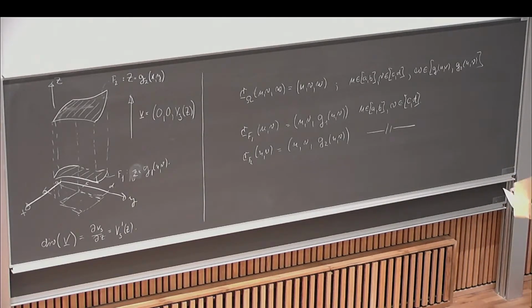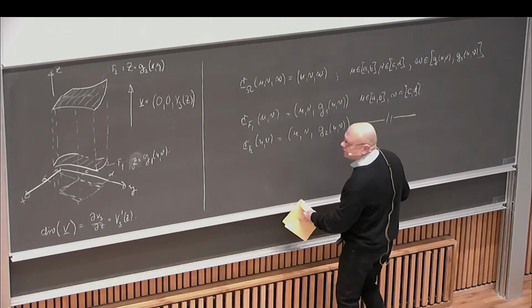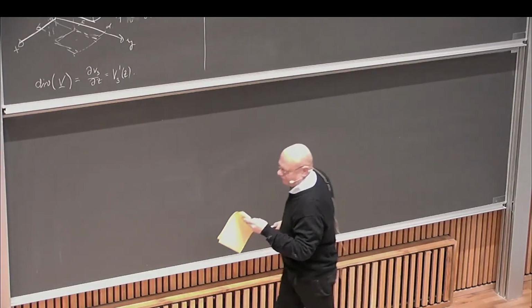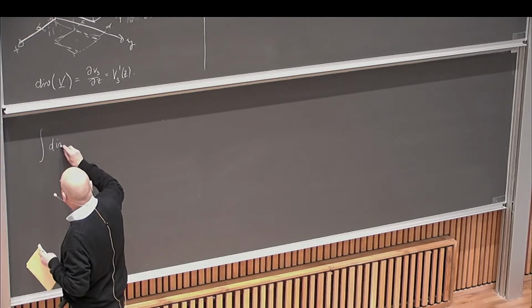So this is the setting, and what I'm going to do now is try to use the Gauss theorem from the left. So what I do is write down this volume integral of the divergence.